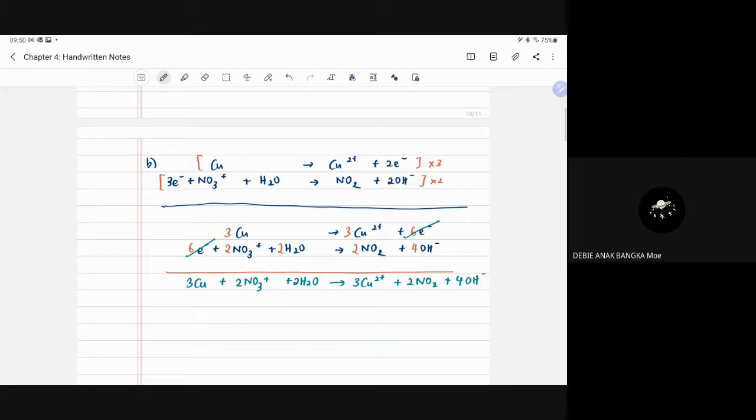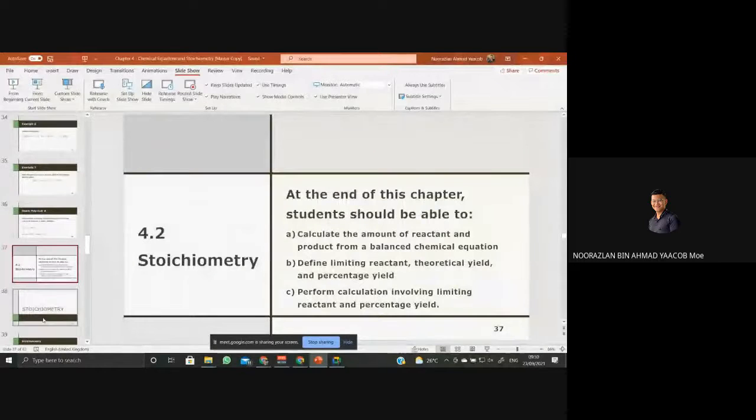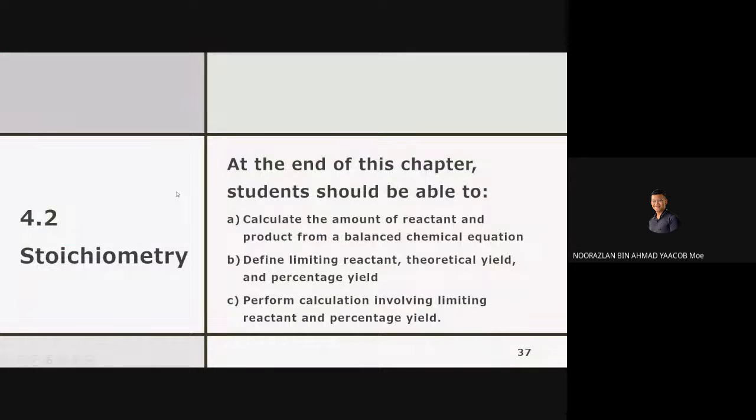Can everyone see my PowerPoint screen? Yep, you should be able to. Okay, so now we go on to 4.2, stoichiometry.